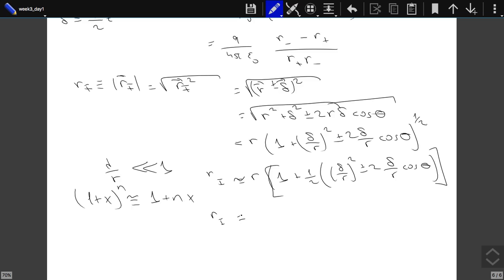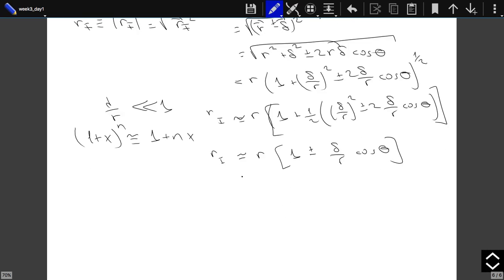So r plus or minus is approximately equal to r times 1 plus or minus delta over r cosine theta, which is r plus or minus r delta cosine theta, or r minus plus is approximately equal to r plus or minus, now there is no r over here, r dot delta over r.